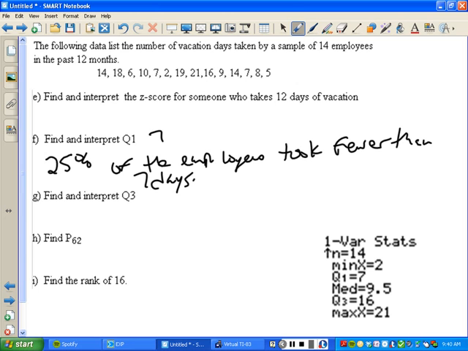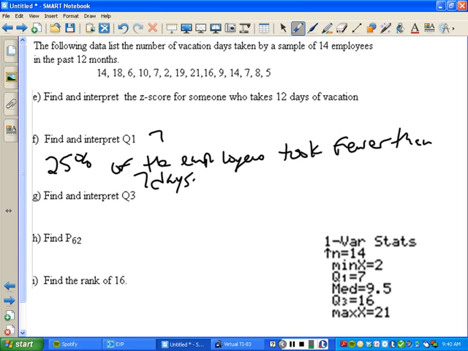Okay. And again, some people will say, less than or equal to 7, it's okay. I don't care one way or the other. But just don't say it's equal to 7. That's the number one thing you cannot say. Again, some people say, at most 7 days. That's fine. Okay.